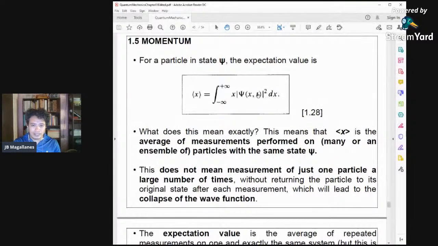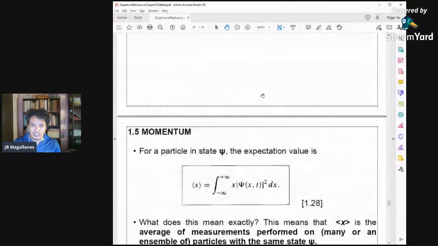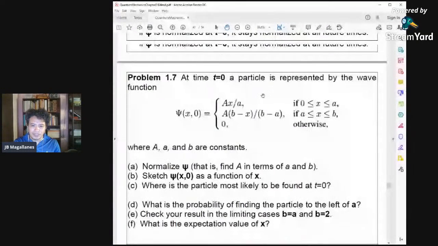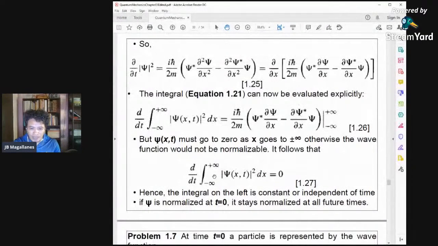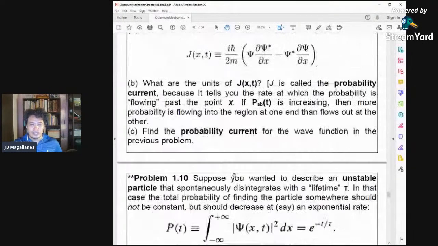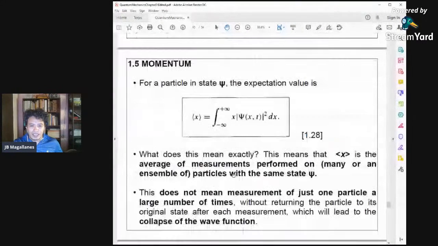This is not the same as this one. You have an x here, so it's now different. This is the probability density, the integral of the probability density, but now we're talking about the expectation value of x, of the position.